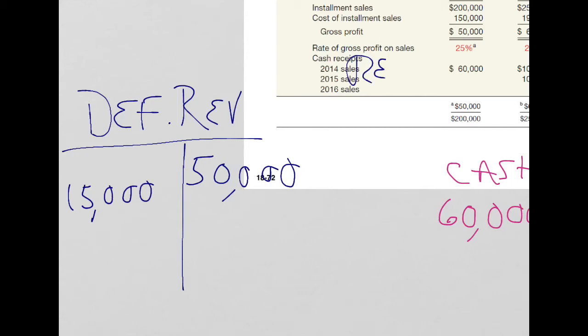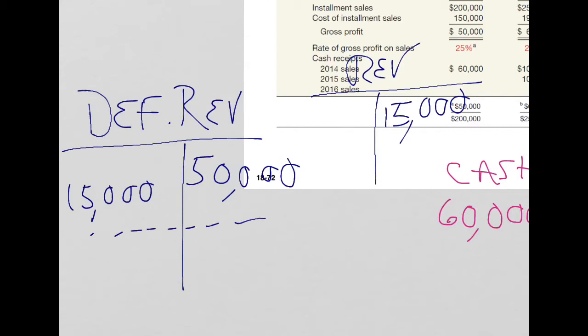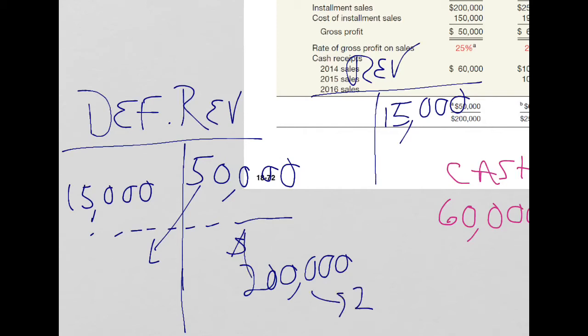So here's our revenue T account, so revenue becomes 15 in that entry. We'll do the same thing every time we collect. By the time we collect the $200,000, the total receivable, 25% of that is the $50,000 gross profit we were supposed to have. So the deferred revenue becomes zero after we've collected the entire amount.